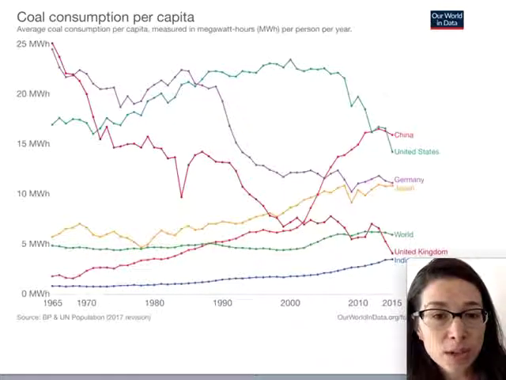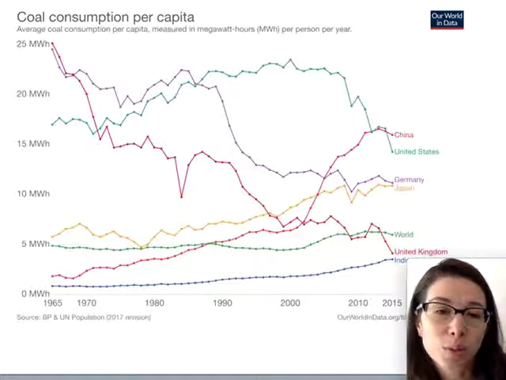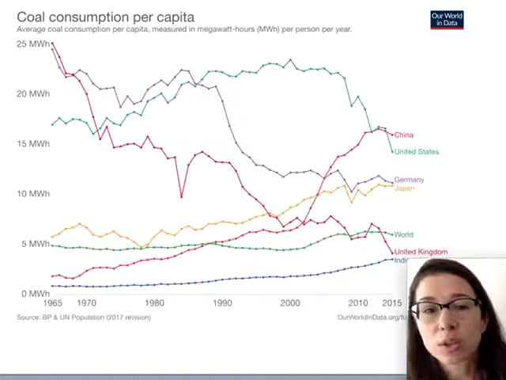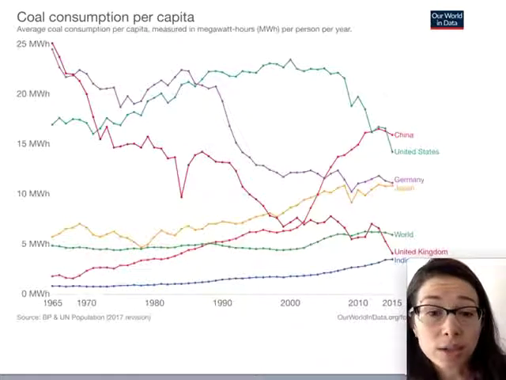China, so we saw previously that their total coal consumption leaped up, and we see also that increase in the red line there. Of course, because of their large population, per person they're actually using less coal than the United States, up until very recently.